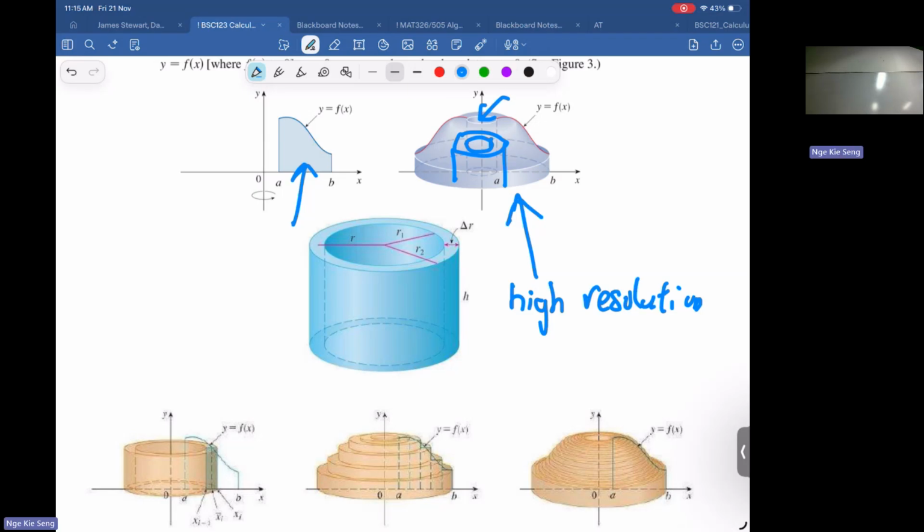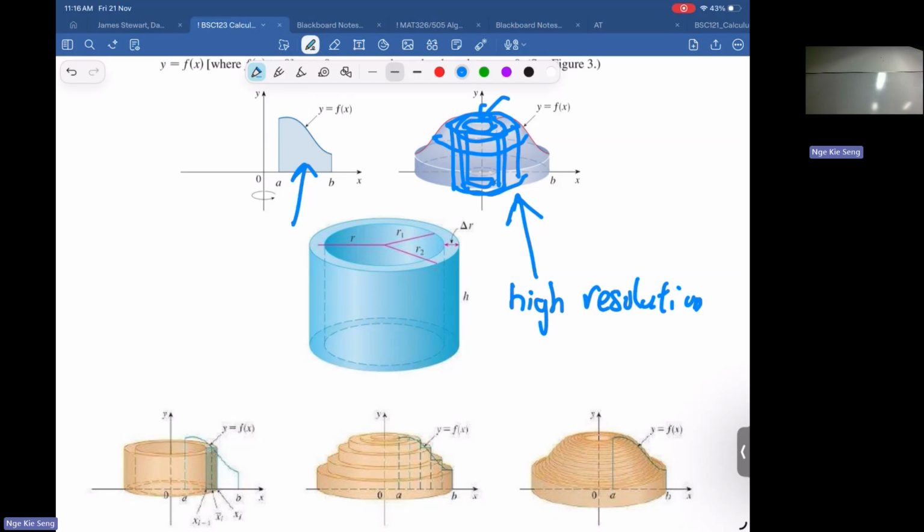So we take the thickness of the cylindrical shell to 0, so that your volume is like this. Instead of cylindrical shells, you actually take a bunch of cylinders and add them together.